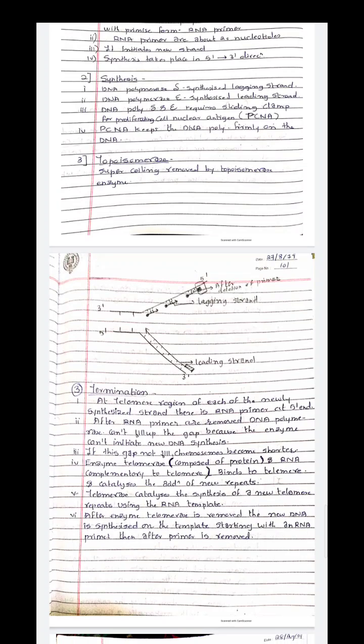And then the telomerase joins all the DNA strands, and the templates and the primers are removed. After the removal, a continuous new DNA strand is formed. So this is happening in the termination stage.